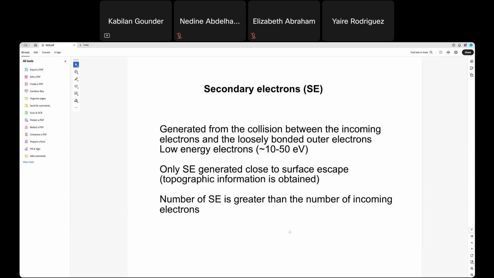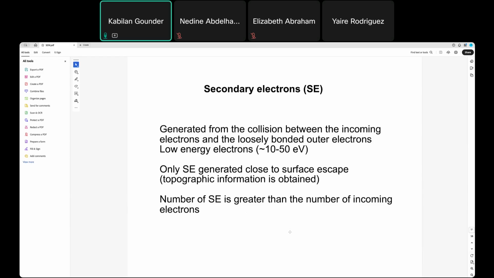So the secondary electrons are generated from the collision between the incoming electrons and the loosely bonded outer electrons. These are the low energy electrons.